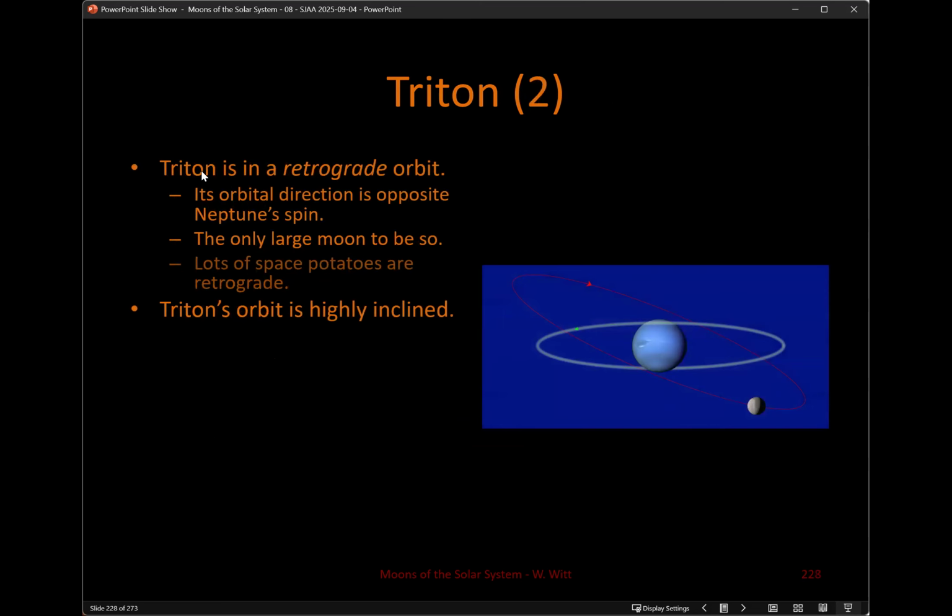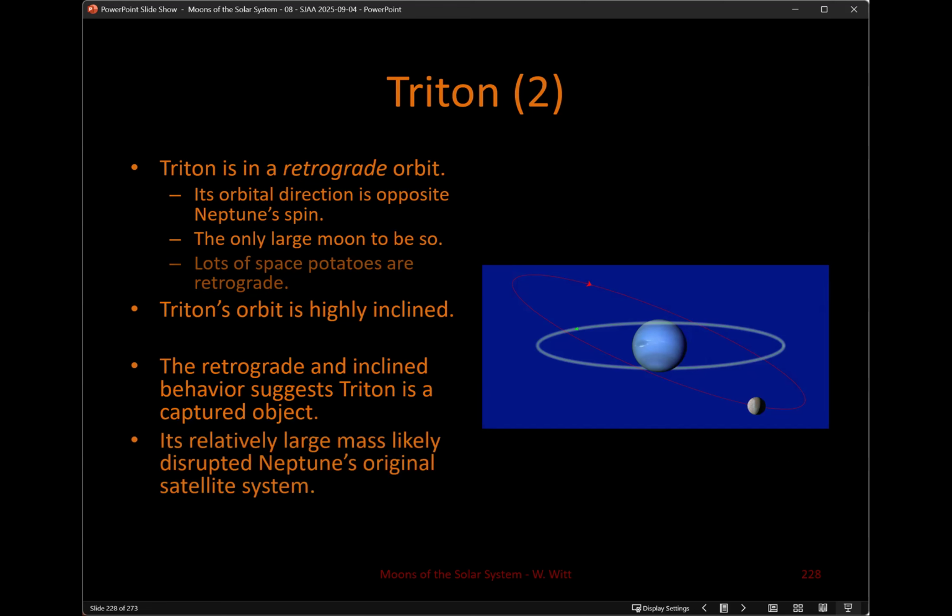And furthermore, it has a retrograde orbit. Its orbital direction is opposite Neptune's spin. So Neptune is spinning one way, and the moon is actually orbiting the other way. This is very unusual, and this suggests that Triton was likely captured, something that originally flew by Neptune and was caught in Neptune's orbit.